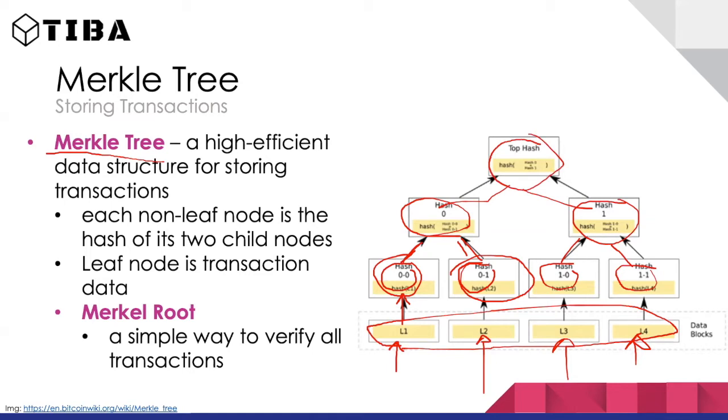Why do we do it this way? Because now a simple way to verify a transaction is you only need the Merkle root. You don't need all the data down here. You only need the root to know if a transaction is contained inside this data structure.